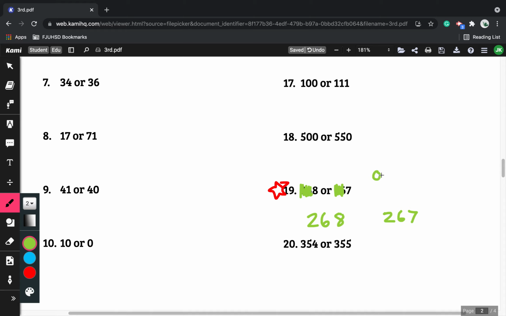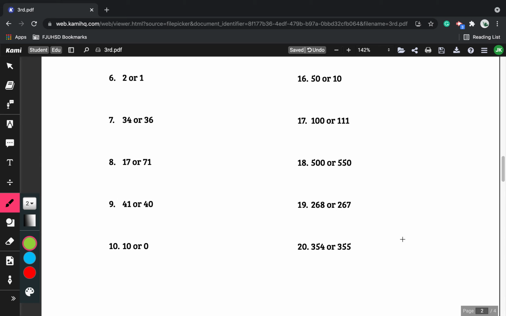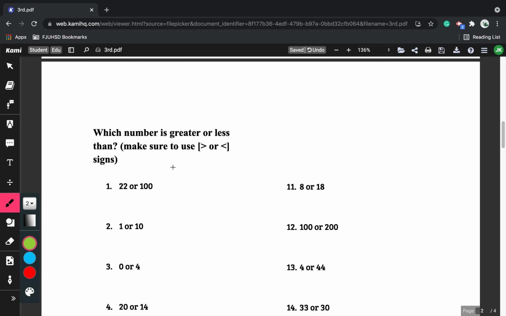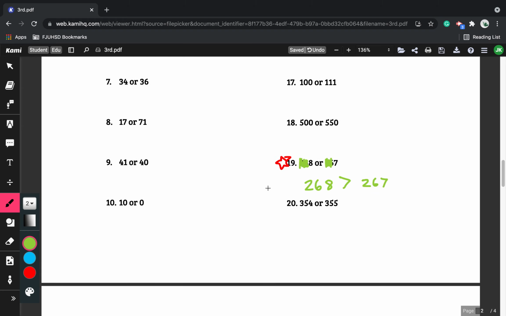So 0 is like the lowest, and technically there's this number called infinity, which means it just goes on forever. That's the biggest, but you don't see that often in this type of math. That's like high school math, but you don't need to know that. So, therefore, 268 is greater than 267, which is true. And you have to use the sign to show if it's greater or less than.